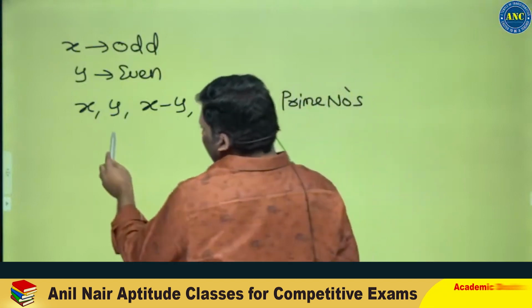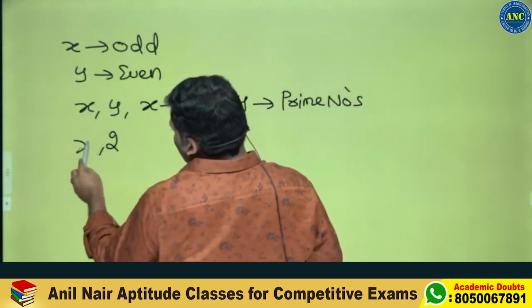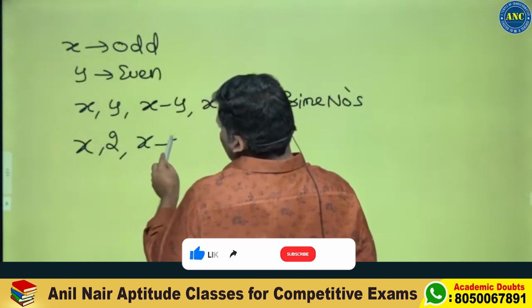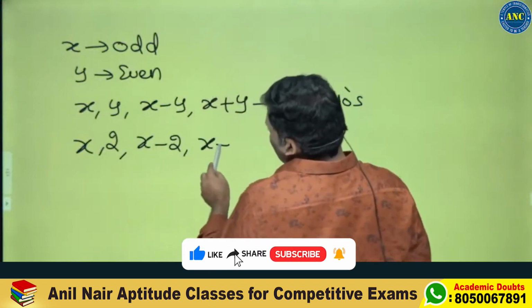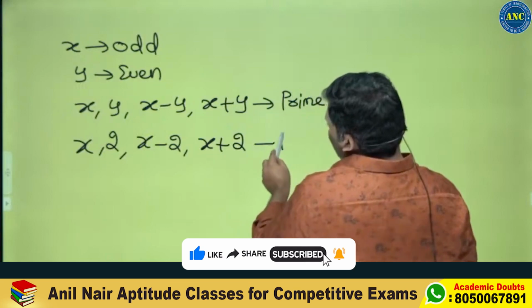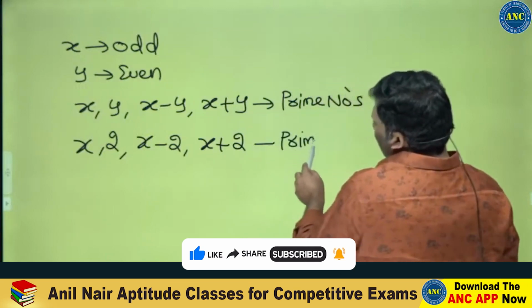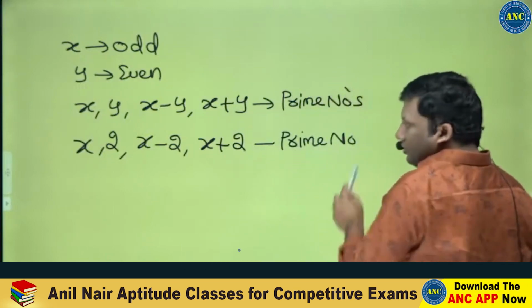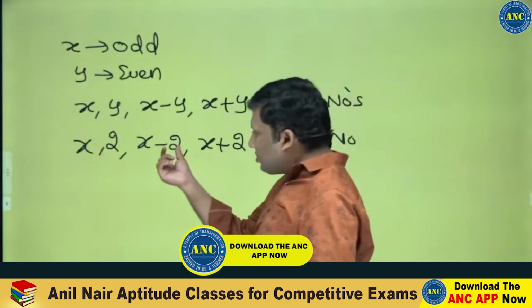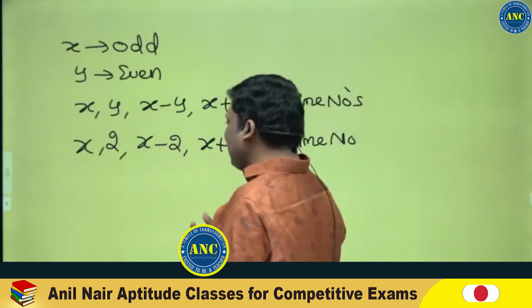Y is even, so it is 2. X, 2, x minus 2, x plus 2 should all be prime numbers. What is next? X minus 2 is greater than 0, so x is greater than 2.